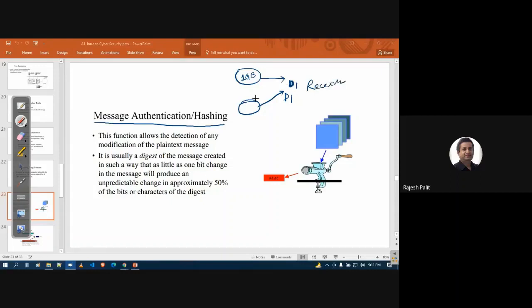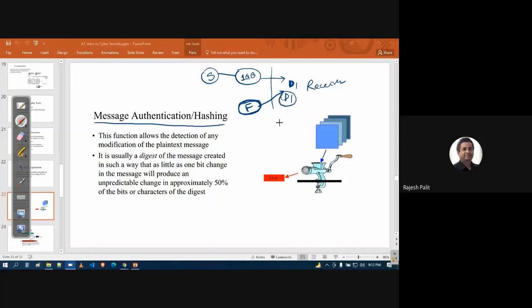Say for example, the sender has sent this 1 gigabyte file to the receiver, but somehow this file has been changed by the attacker, and the file was chosen by the attacker such that it produces the same digest as the original file.